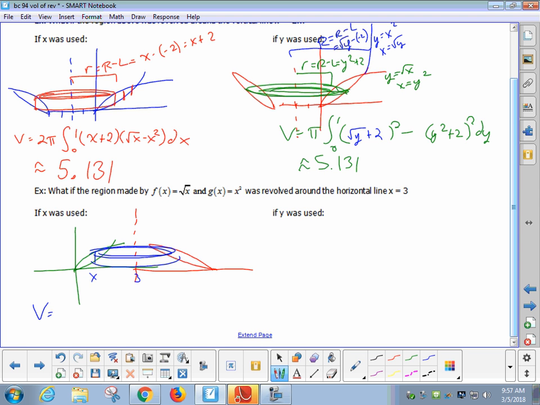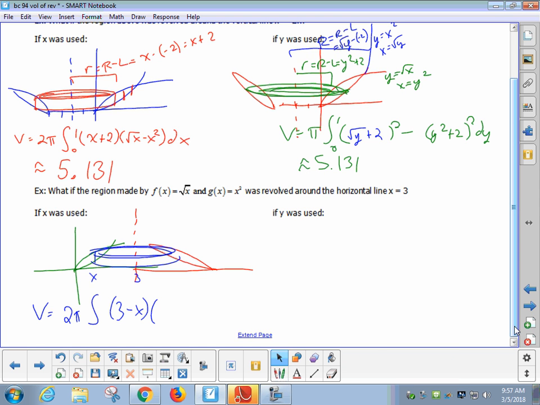What's right, what's left? Right is 3, left is x. So right minus left is 3 minus x, not x minus 3. 3 minus x.